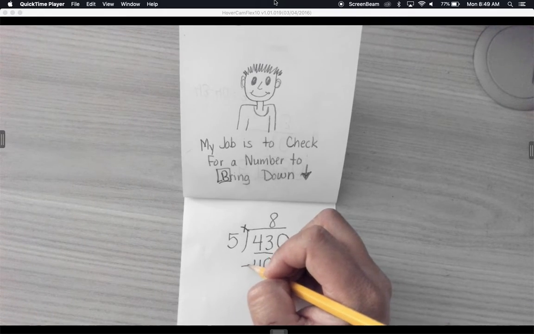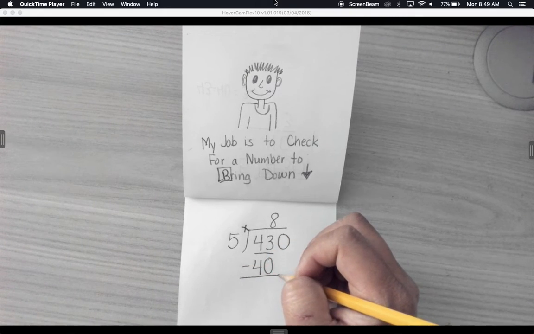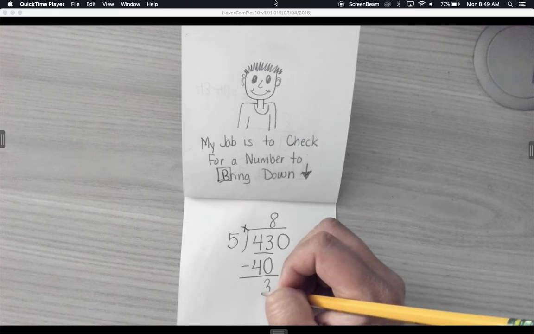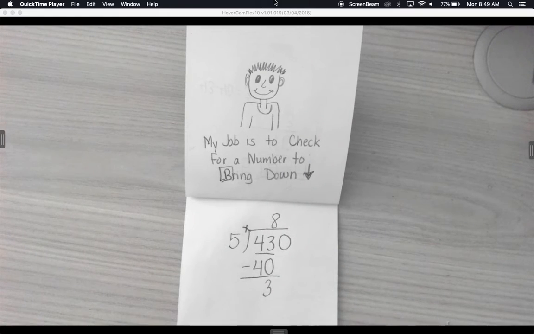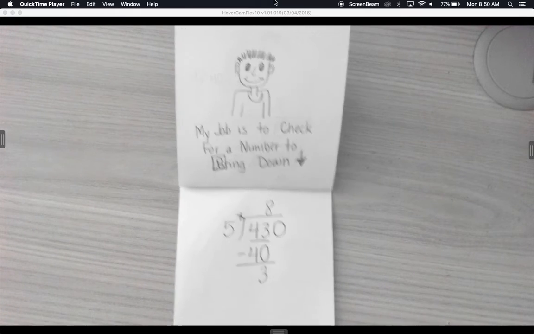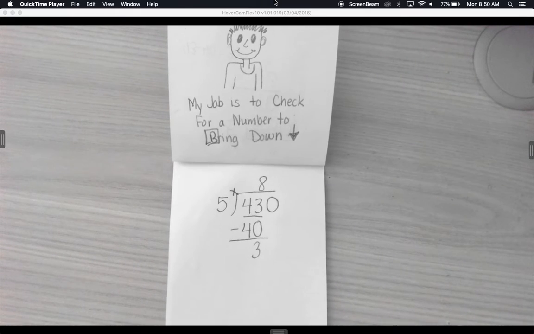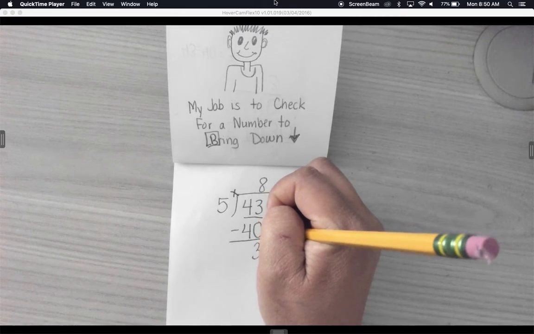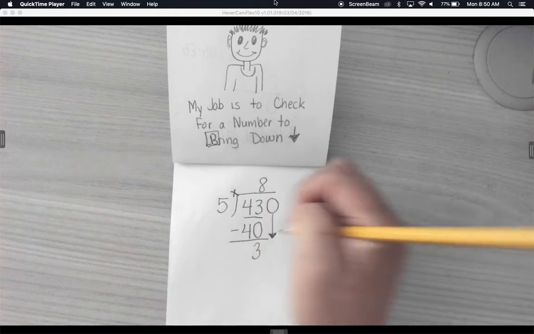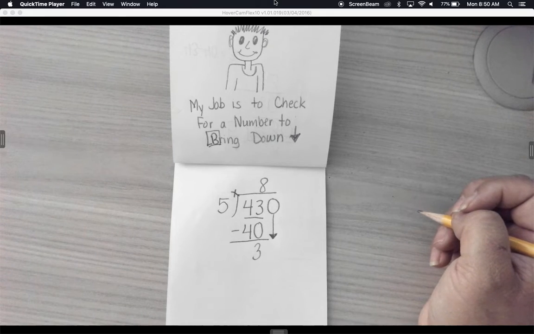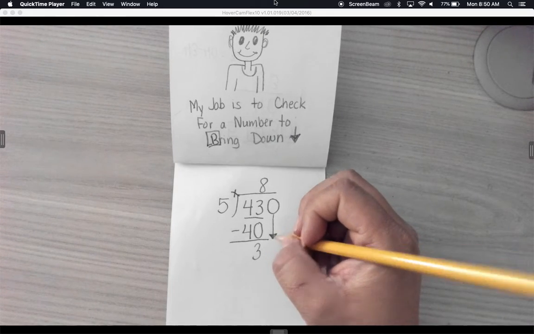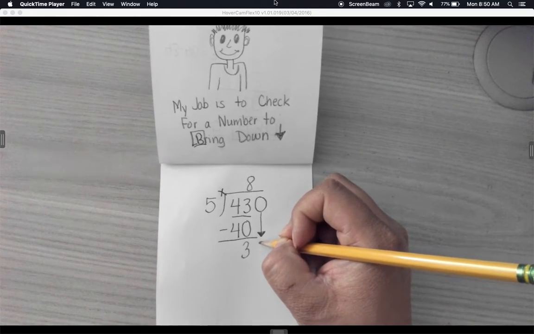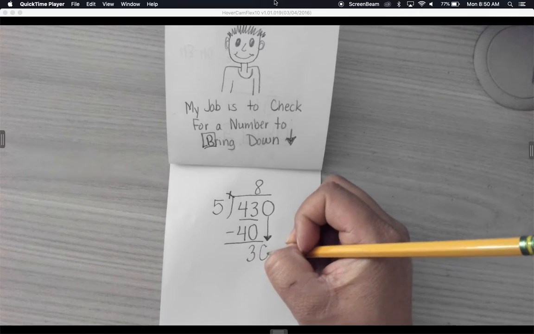Sister told me we had to subtract, right? And then this is our answer. Now brother says, hold on, I gotta check. And what do you have to check? Brother has to check to bring down the 0. And we write the 0 right next to the 3.